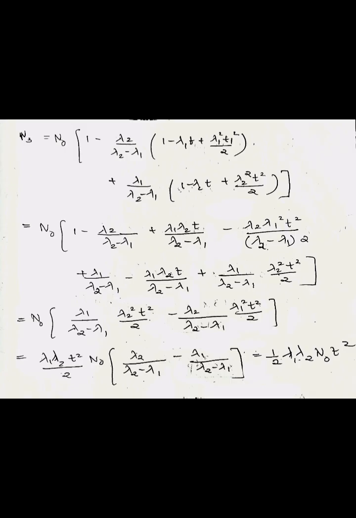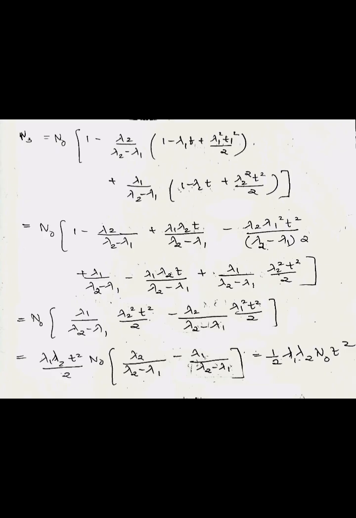That is, N3 is equal to N0 into 1 minus lambda 2 divided by lambda 2 minus lambda 1 into 1 minus lambda 1 t plus lambda 1 square t square by 2, plus lambda 1 by lambda 2 minus lambda 1 into 1 minus lambda 2 t plus lambda 2 square t square by 2.